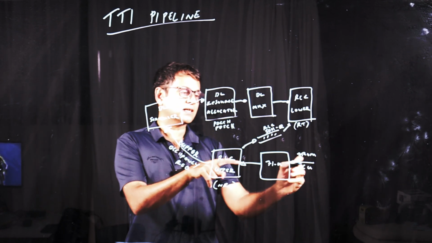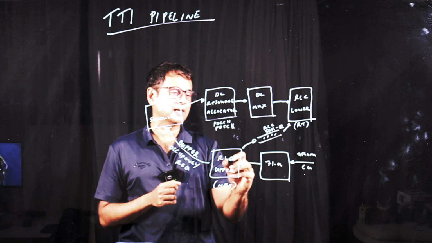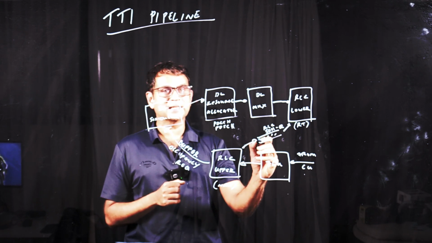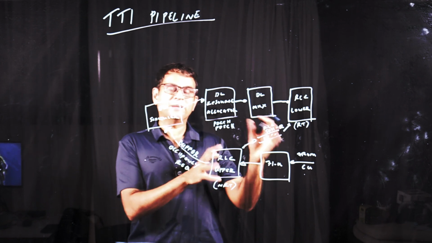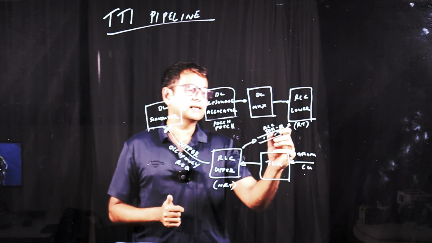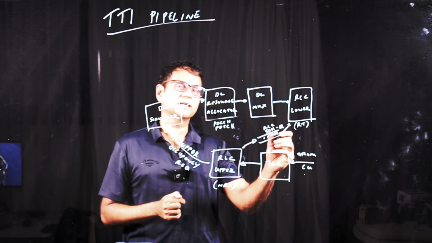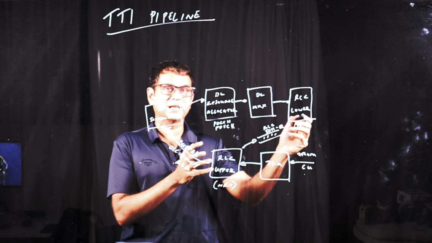So as the data comes from the CU through F1U to RLC upper, the data is queued onto the RLC SDU queue, which is per UE entity. For every UE, every bearer, there's an RLC SDU queue, and there could be multiple RLC SDU queues if the UE has multiple bearers.